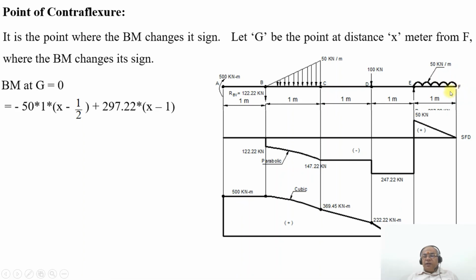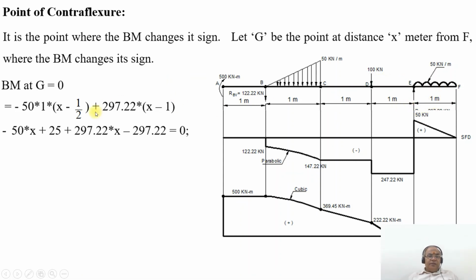It is x minus half. So x minus half is this distance. Into x minus half, because the load is acting from the upper direction, so actually it becomes sagging. Therefore, plus 297.22 into x minus 1.